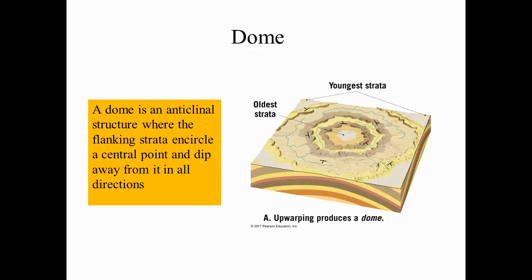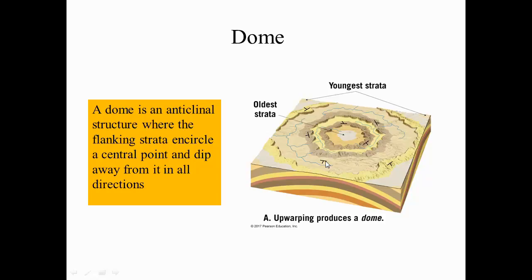And if we take cutaway views, cross-sections of the dome, we see indeed that regardless of how we slice this particular structure, it shows an anticline below the surface. We can also express this structure in terms of strike dip symbols.